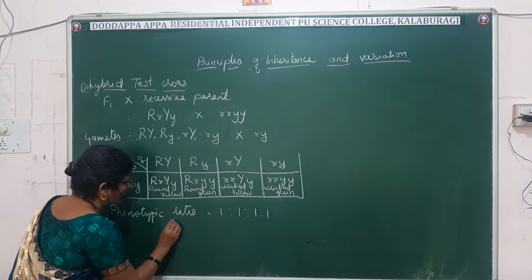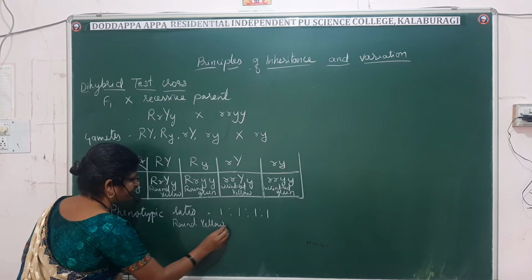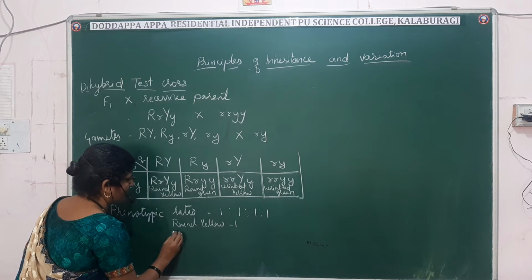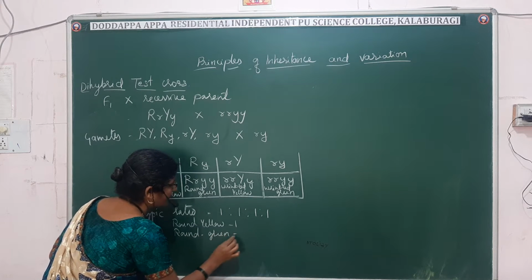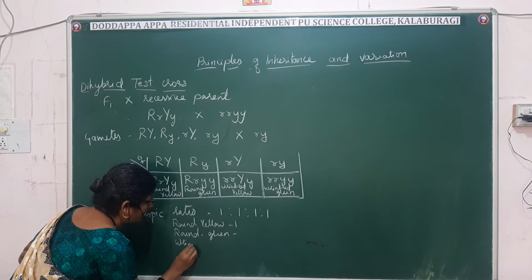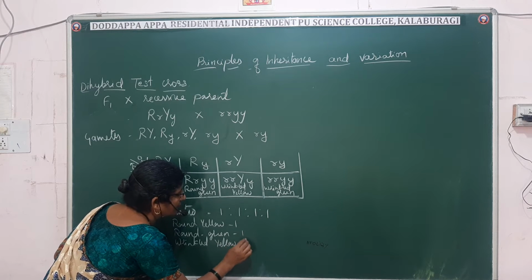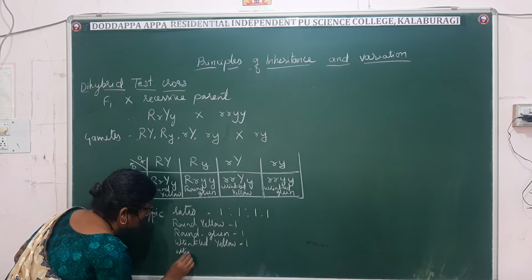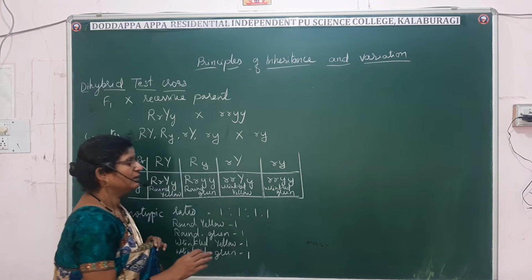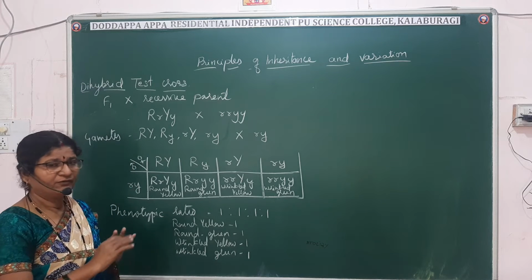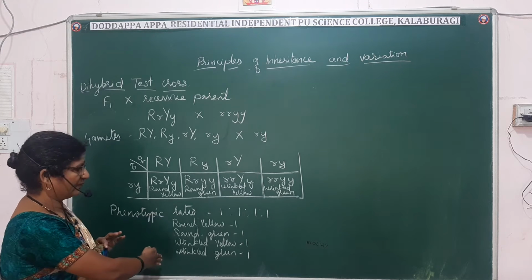That is 1 round yellow, 1 round green, 1 wrinkled yellow, and 1 wrinkled green. So all 25%. If you take all this as 100%, 25% of each different kind of plant you will get.